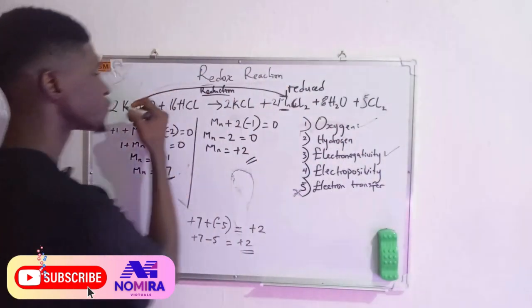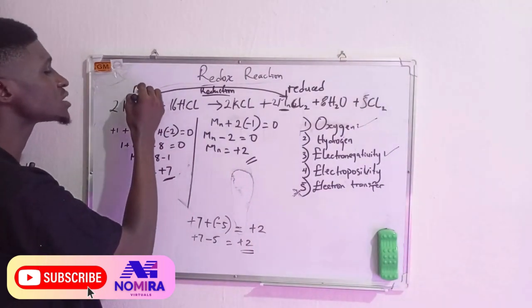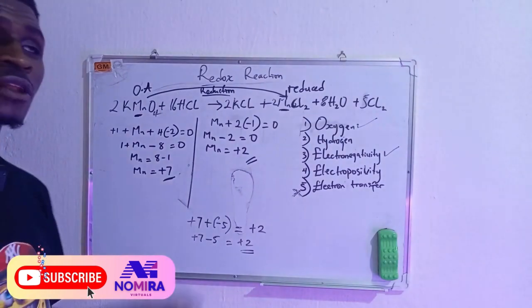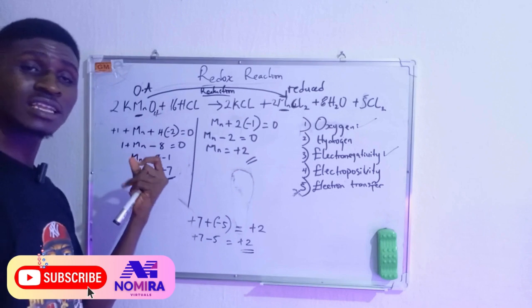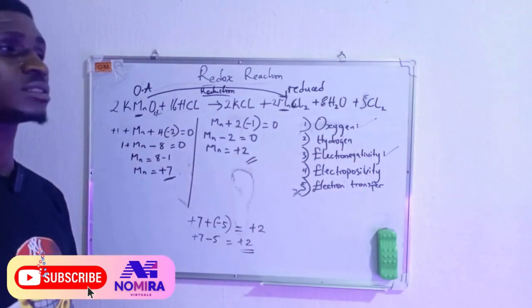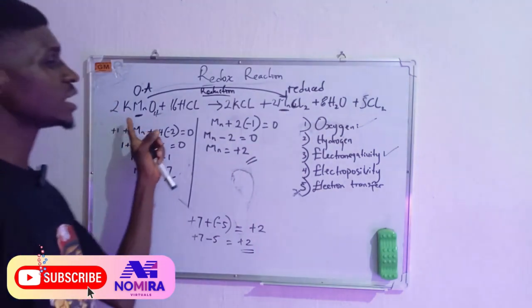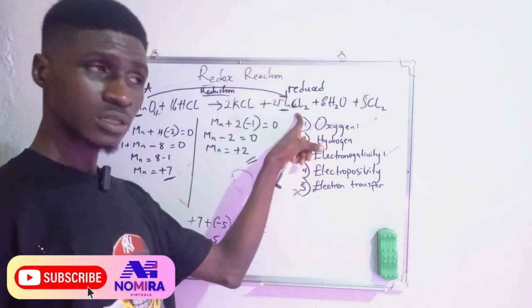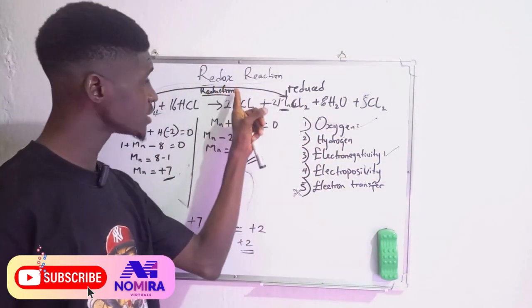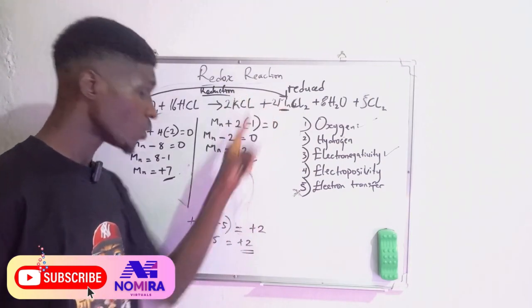Now, where you are coming from will be called the oxidizing agent. Because an oxidizing agent is an agent that accepts electrons. Are you getting it? So it has accepted electrons and becomes reduced, and the process is reduction.